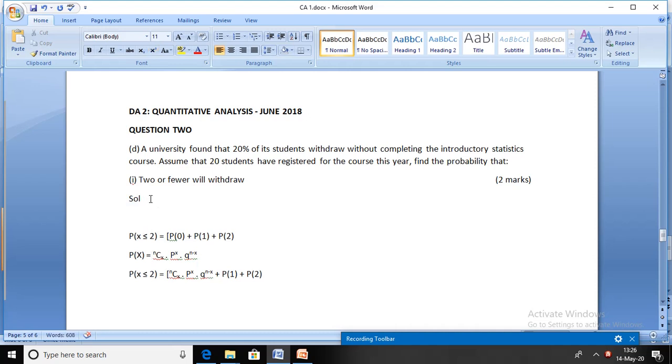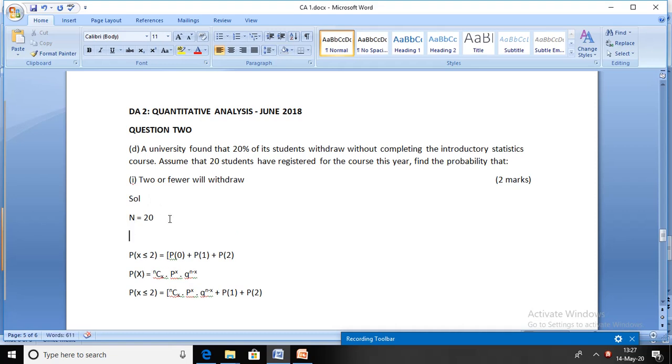Let me just highlight those things. N is equal to 20, that's the sample size. P is the probability, so the probability is equal to 20%, 0.2.